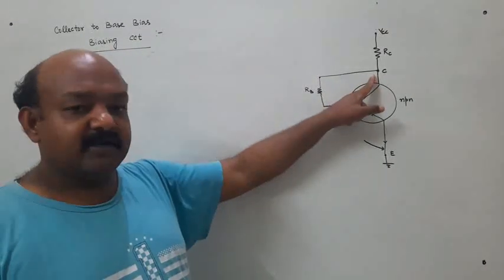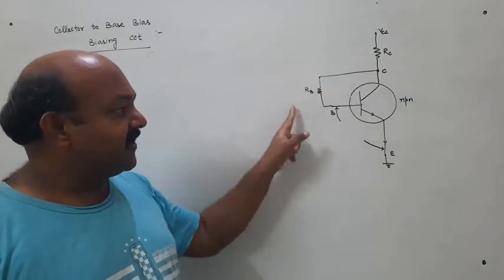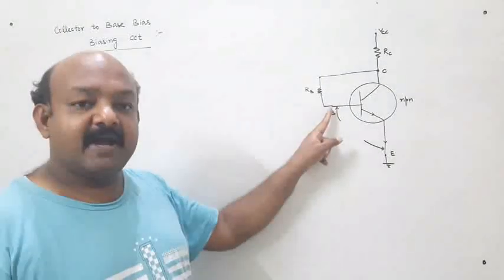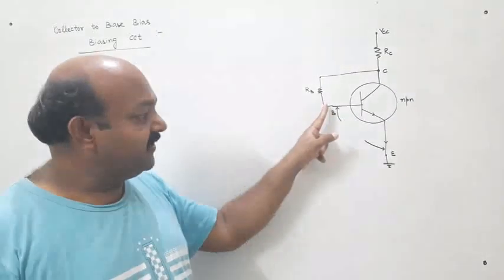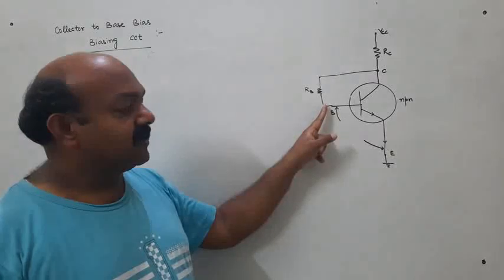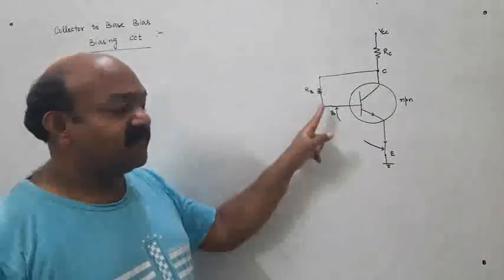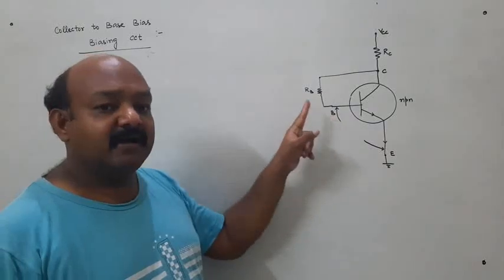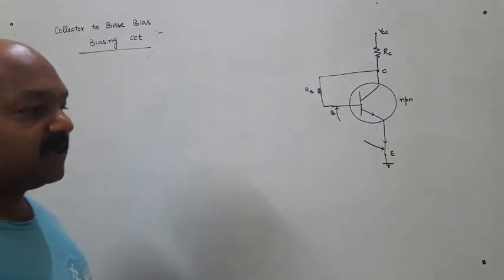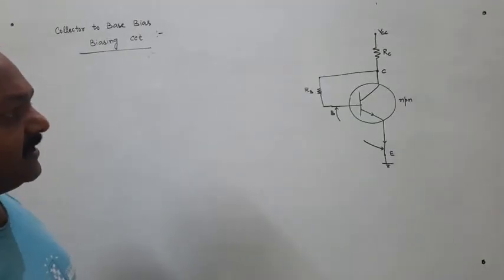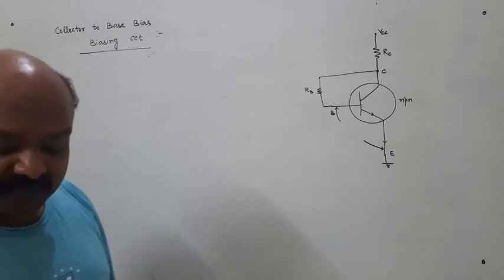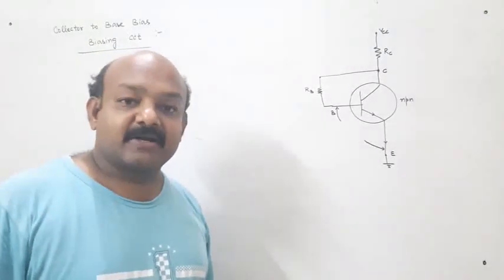Feedback from the collector of the transistor is fed to the base, and this feedback gives us the specific value of Q point, and it stabilizes the Q point that is found for this circuit.